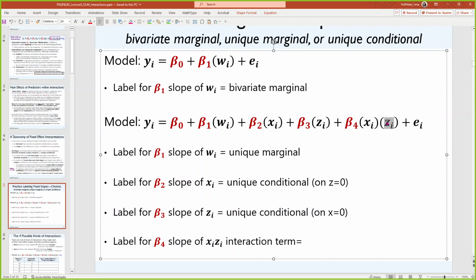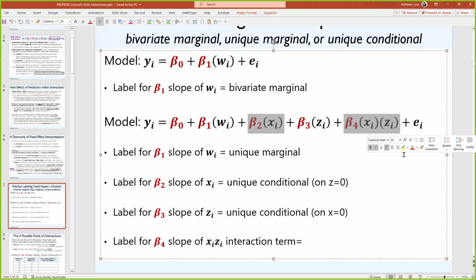And if Z is 0, this entire term drops out, and all that's left is the beta 2 controlling the slope of X. And so that means the interpretation of beta 2 here is that it's conditional. This is the slope of X only if Z is 0. Correct, yeah. Otherwise, it's going to be this and this put together in a linear combination, which you already know how to do.